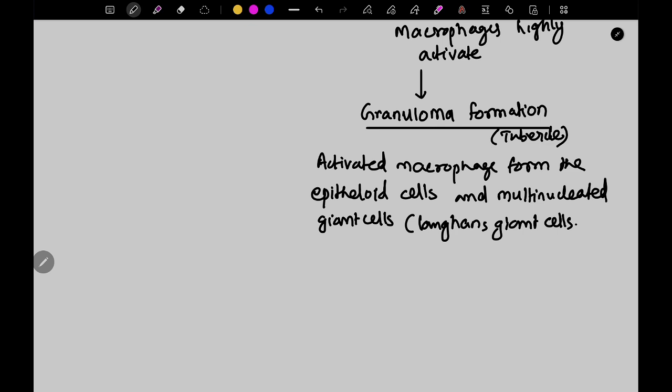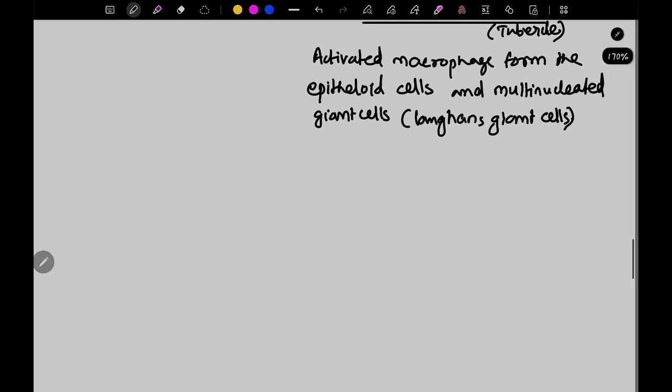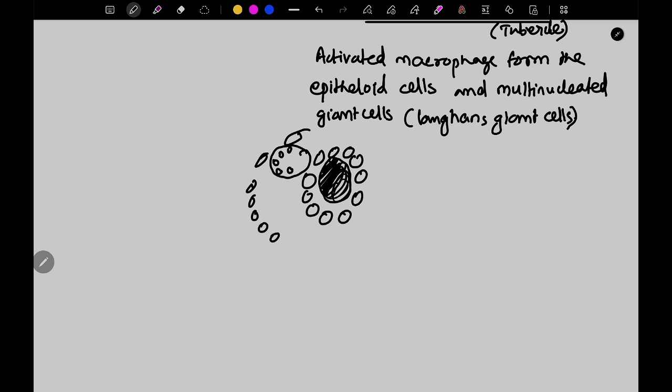These activated macrophages and giant cells surround a central area of caseous necrosis, and all of this is surrounded by many small lymphocytes. This is what we call a granuloma.